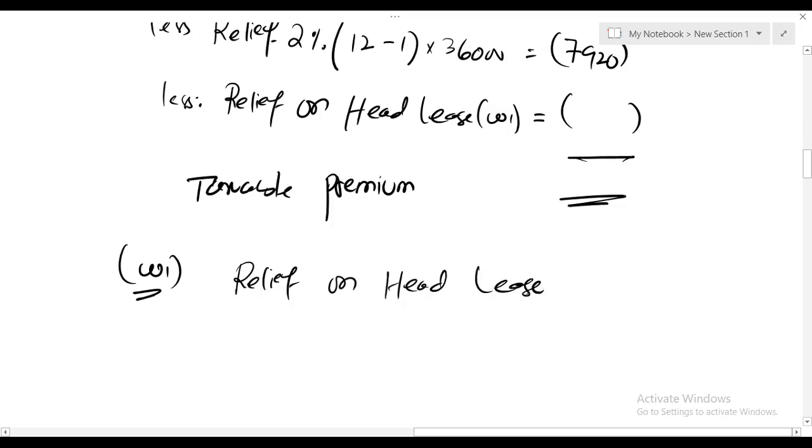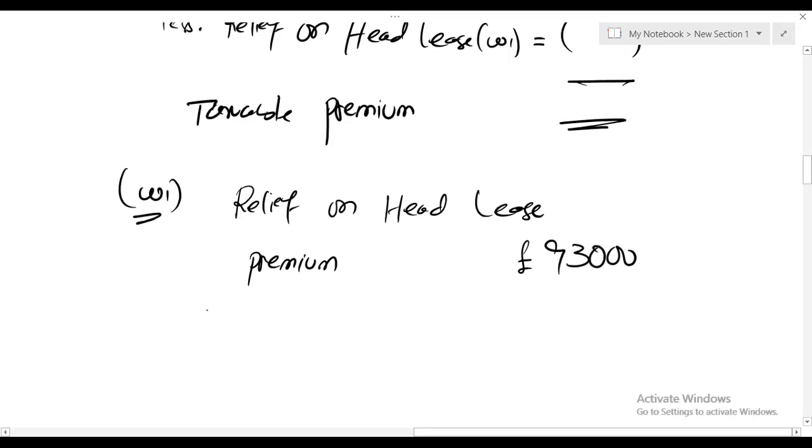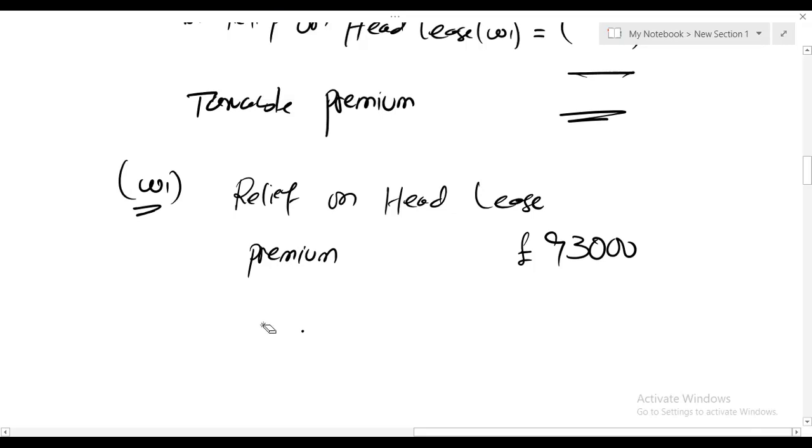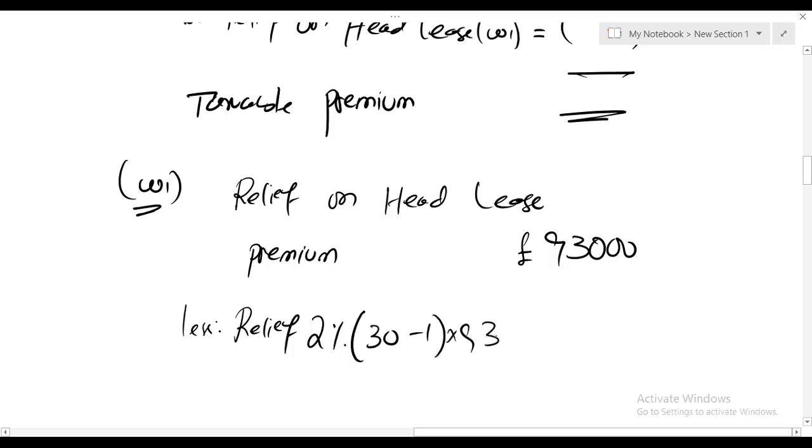First you need to write the premium which is in the head lease. Premium in head lease is 93,000. You need to deduct a normal relief on this head lease, 2%. Less relief, 2%, n minus 1. In head lease the n is 30, minus 1, into 93,000.